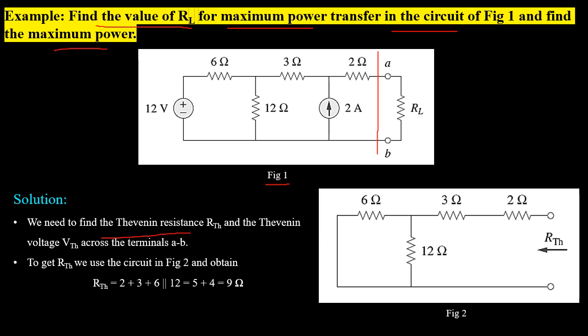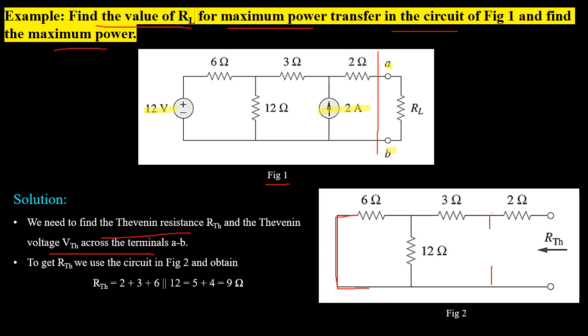For Thevenin resistance, we will turn off all the independent sources present here. In the given circuit, we have one independent voltage source and one independent current source. Turning off the independent voltage source will give us a short circuit, and turning off the independent current source will give us an open circuit. So the resultant circuit is shown in figure 2.